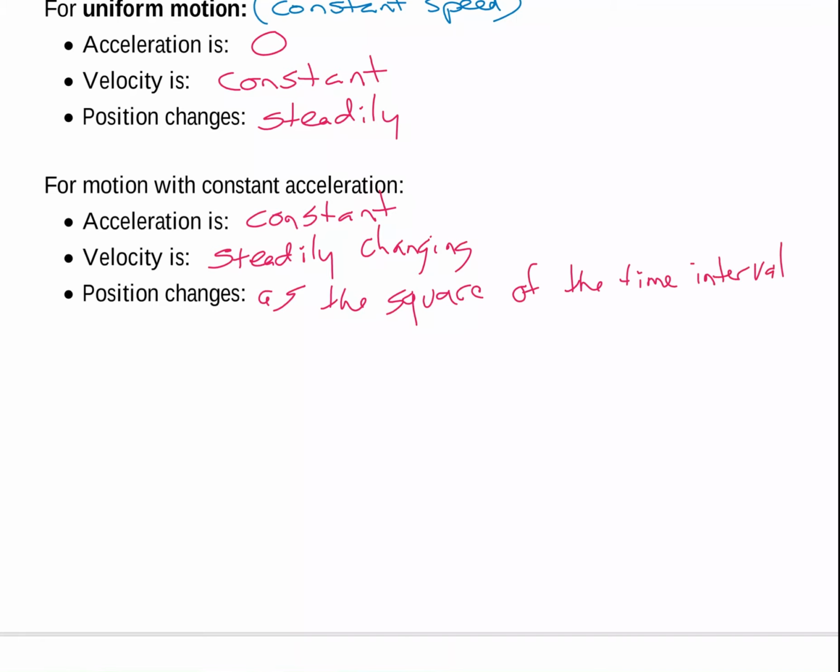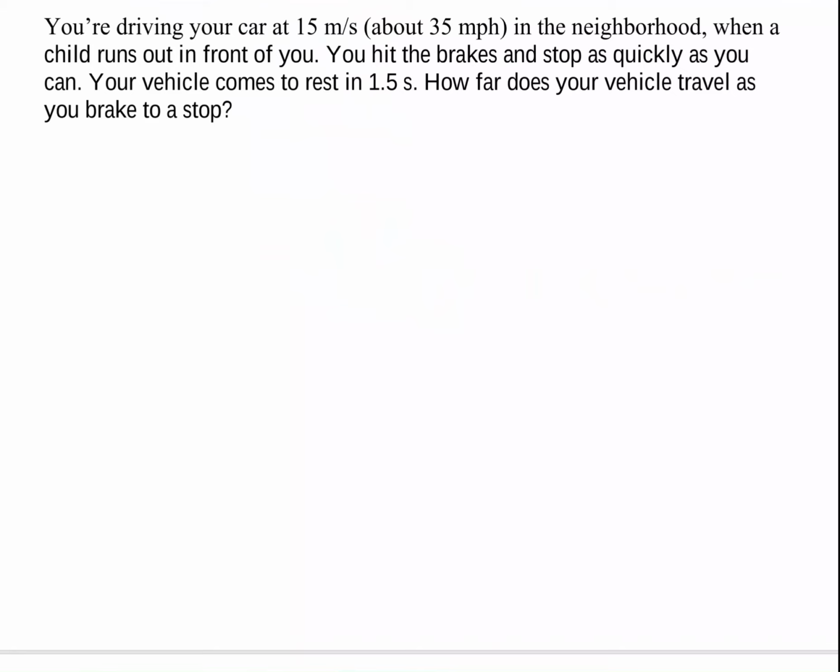So that's expressed mathematically. The position changes as the square of the time interval. So when 1 second goes by, the position is going to be changing as the square of the time interval. And if I graphed it, then that's where the parabola starts to show up. We'll see that when we do our lab on Monday.